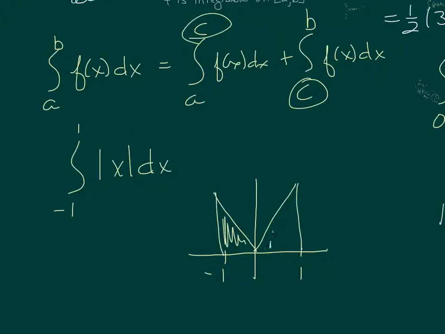So we could do this visually with no trouble at all. We're going to have to separate this from -1 to 0. What function do we have from -1 to 0? Negative x. And then from 0 to 1, what is our function? x.